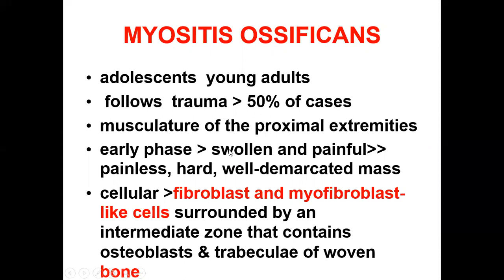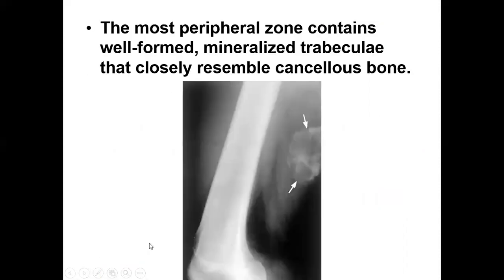In the early phase, there is a swollen and painful mass formation, which is hard and well demarcated. Fibroblasts and myofibroblast-like cells are surrounded by an intermediate zone that contains osteoblasts and trabeculae of woven bone. So, myositis ossificans.